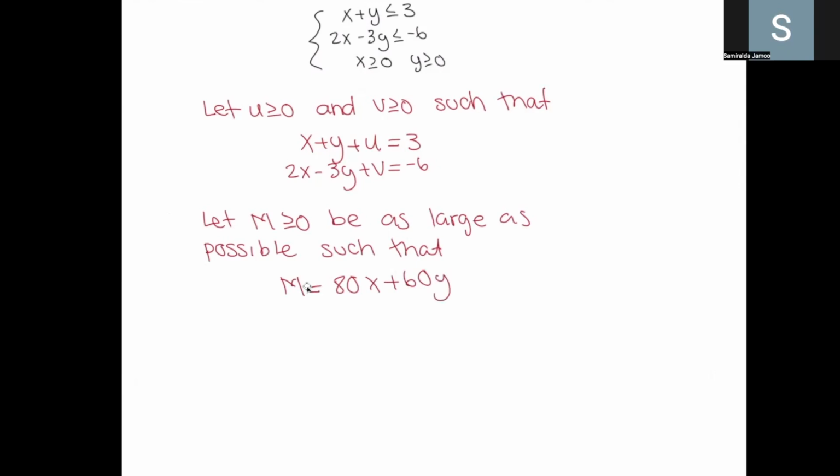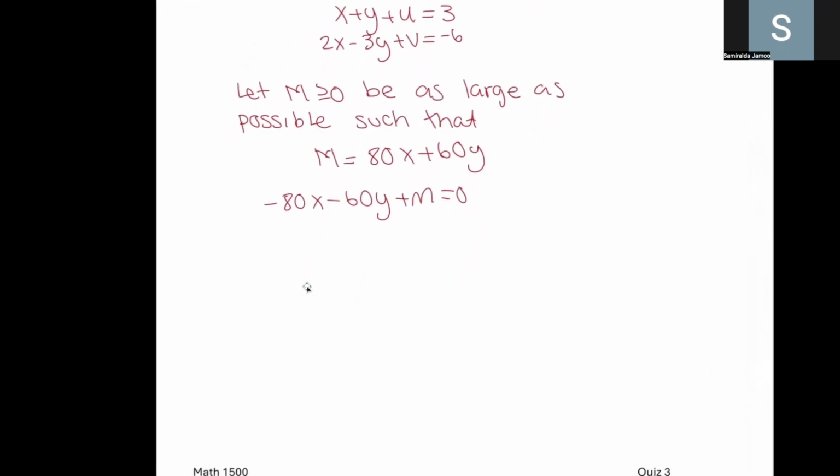Now, I don't like that I have variables on both sides of the equation here, so let's subtract 80x, subtract 60y to get everything to one side and set it equal to 0. All right, cool. Now I have all of these equations that are equal to some constants. I can set up my simplex tableau.